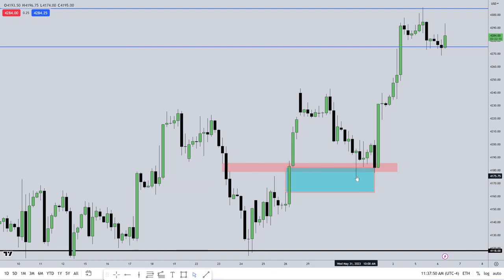Other students would see this and say, okay, I want to see it show me proof with the bodies respecting either consequent encroachment or the high of the fair value gap. Is there any body closing at the high? No. We do have a body close right here on this candle at the consequent encroachment. As soon as it does that, we now can trust that this area here should not be traded down into.